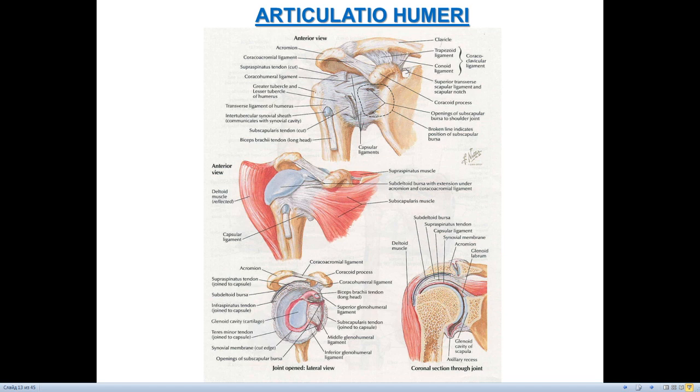Blood supply of the shoulder joint is by the circumflex humeral anterior, circumflex humeral posterior, and arteria thoracoacromialis. Veins drain into the same name veins, which empty into the axillary vein.